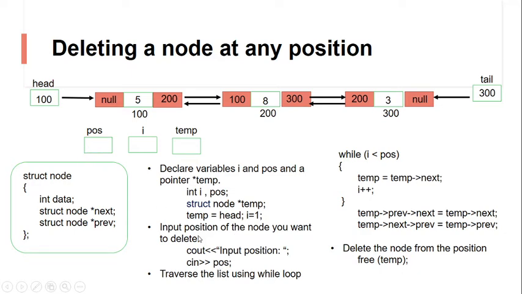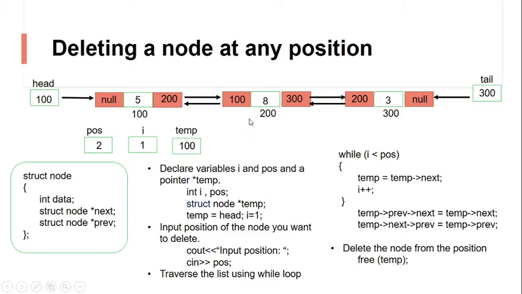When I click it, temp has the initial value of head, 100, starting. The variable i is equal to 1, so that's why it is 1 here. Then for the input position, what I have entered is 2.